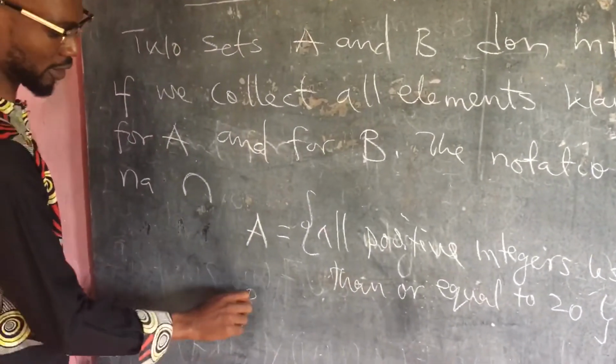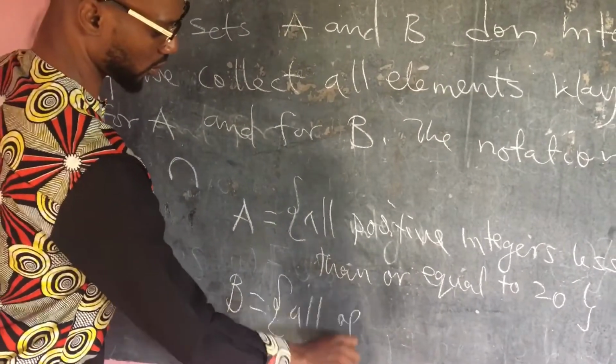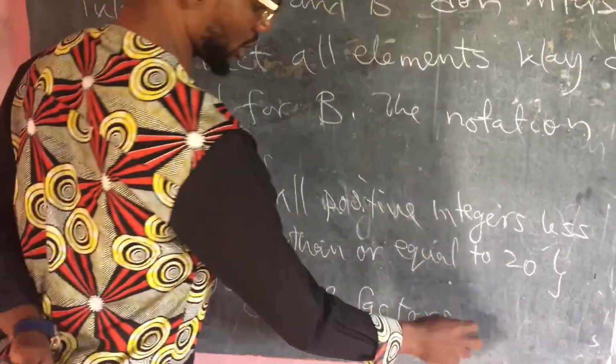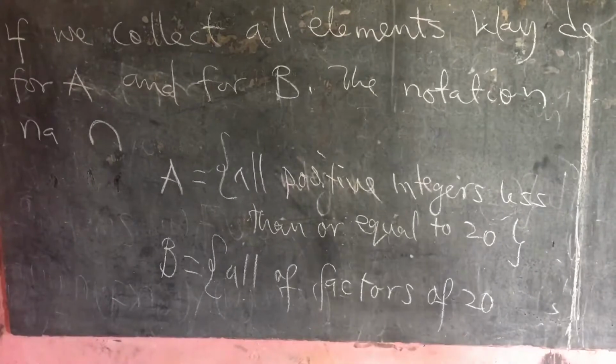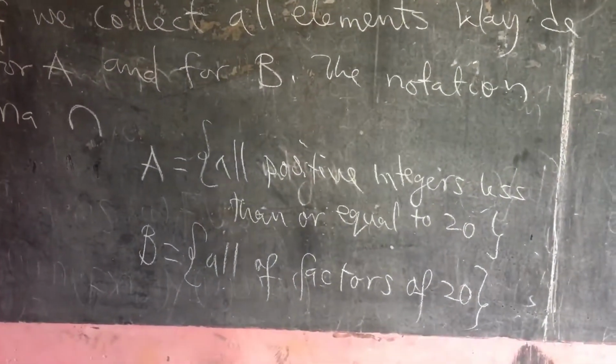And then I come say set B, all factors of 20, like this. I don get two sets, set A and set B. Abi?